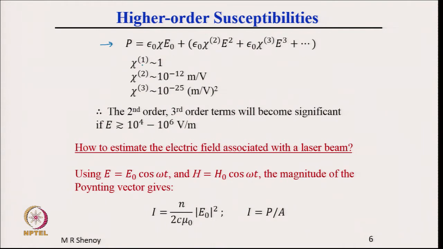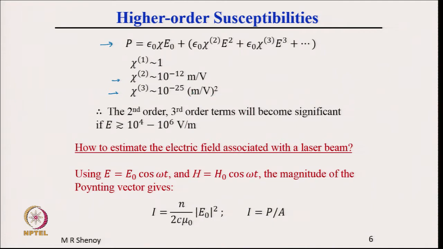Typical magnitude of chi, the linear susceptibility, is of the order of 1, chi 2 is of the order of 10 to the power of minus 12 meters per volt. It could be 10 to the power of minus 10 to minus 13 typically. So, of the order of 10 to the power of minus 13 meter per volt, and chi 3 is of the order of 10 to the power of minus 25 meter per volt square.